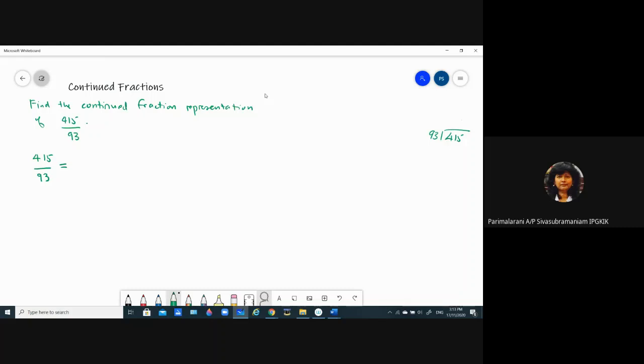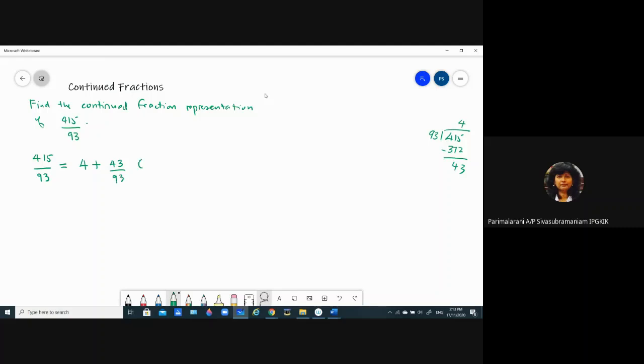We get 4. This gives us 372. What is the remainder here? 43. Yes. So we know that 415 over 93 can also be written as 4 plus 43 over 93, correct?